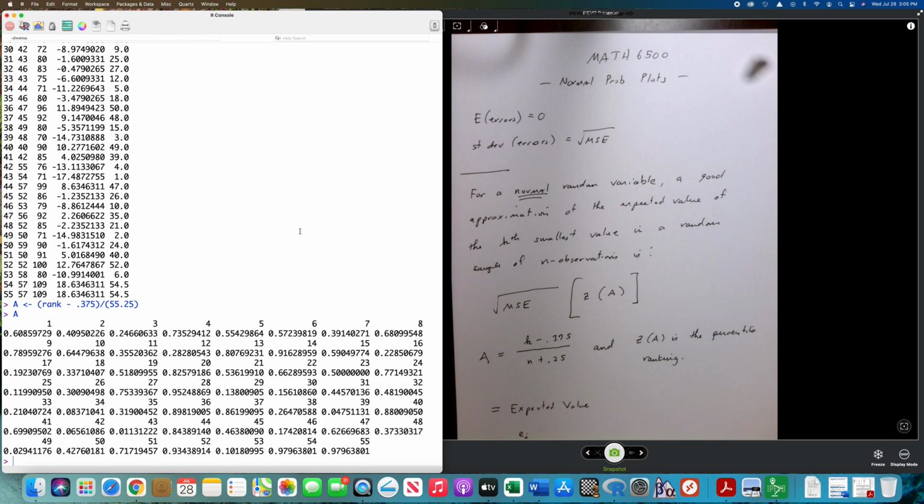So I want, let's just call it the percentile, for each of these. I need the value that has a percentile ranking of 0.601.